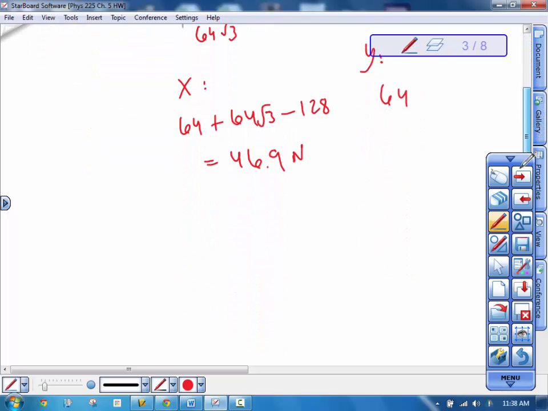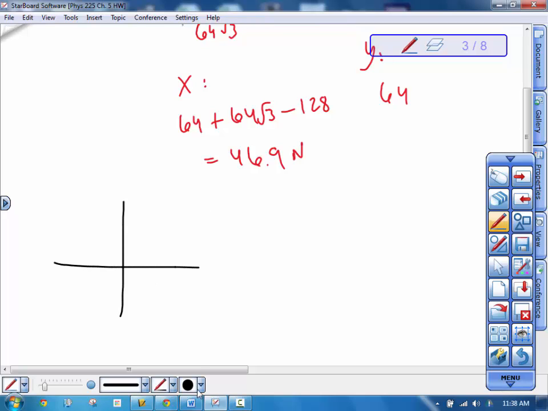Now what I would probably do is redraw some axes and know that there's basically two components now, a component of 46.9 newtons acting to the right, and then a component of 64 acting upwards. And so the overall resultant is this red vector that goes tail to tip. I can find that pretty easily by doing the Pythagorean theorem.